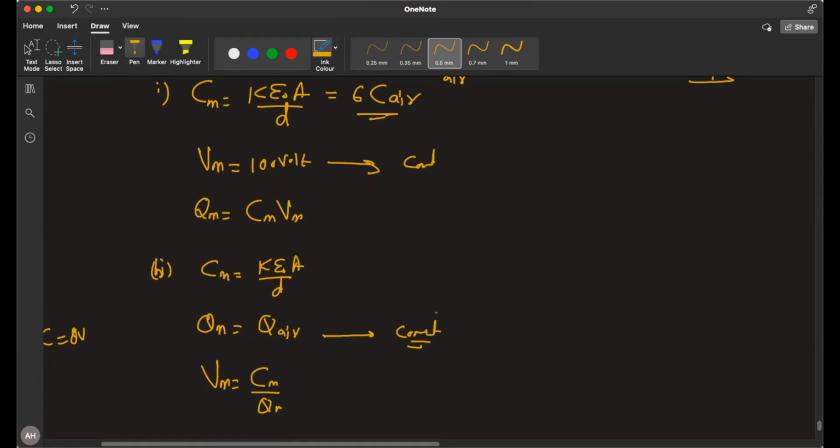See, if you have an issue understanding this problem, in the next class we'll do this numerical again.